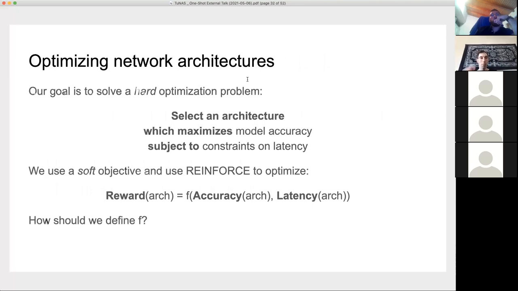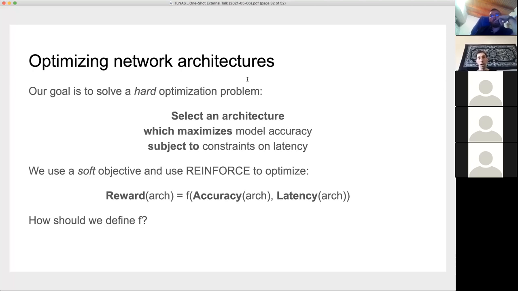So our goal, as I mentioned at the beginning of the talk, is to solve a hard constrained optimization problem. Select an architecture which maximizes model accuracy to the best of our abilities, subject to some hard constraints on model latency. But as is common for these types of optimization problems, we're actually relaxing this to a soft constraint.